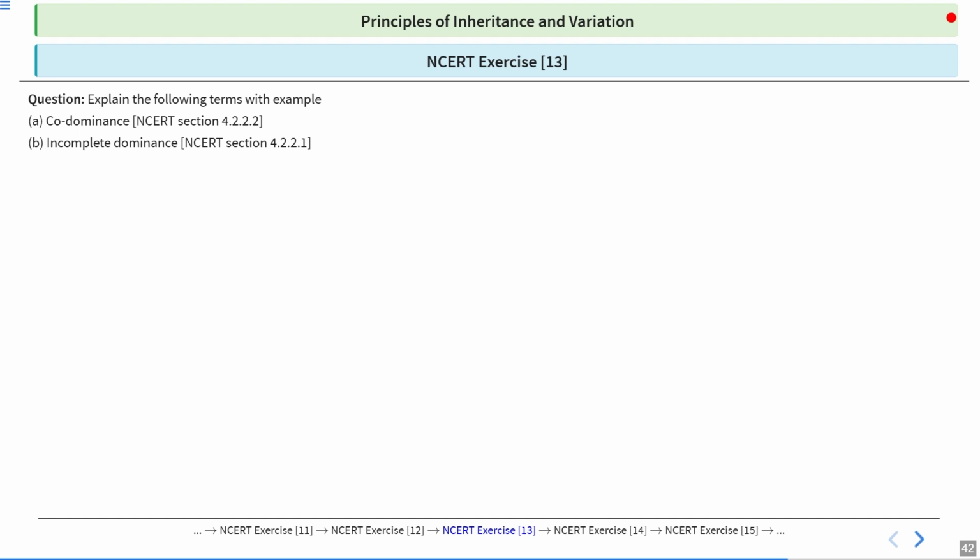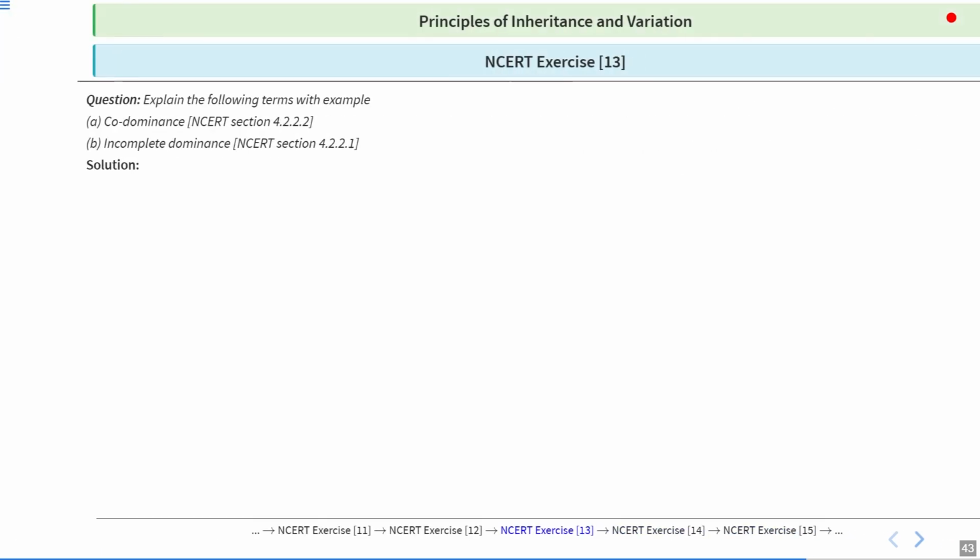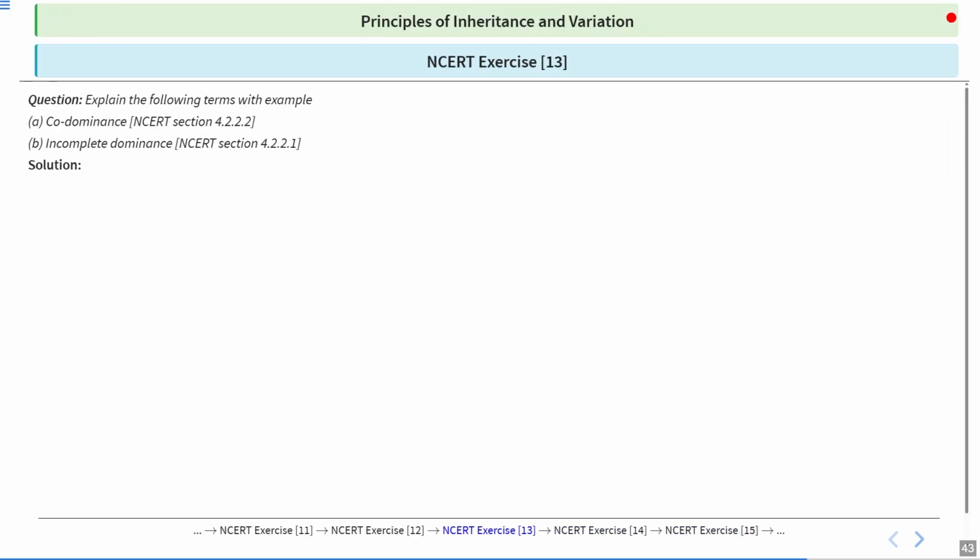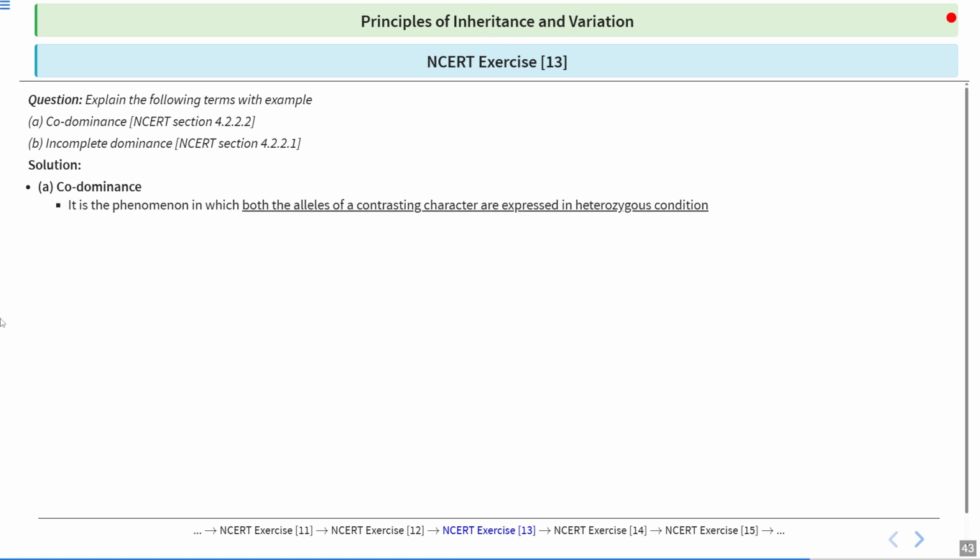Okay, so let's have a look at the answer. Codominance. Let's talk about codominance first. It is a phenomenon in which both the alleles of a contrasting character are expressed in the heterozygous condition.